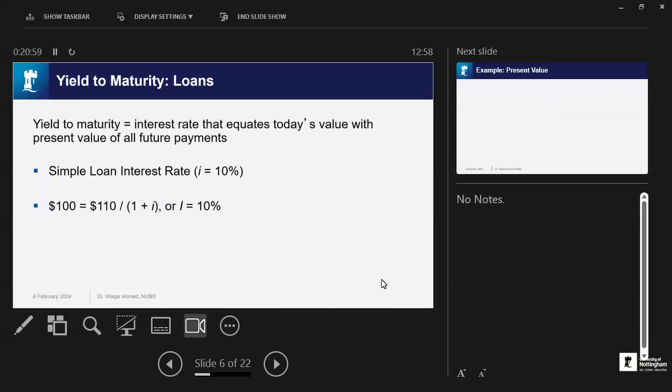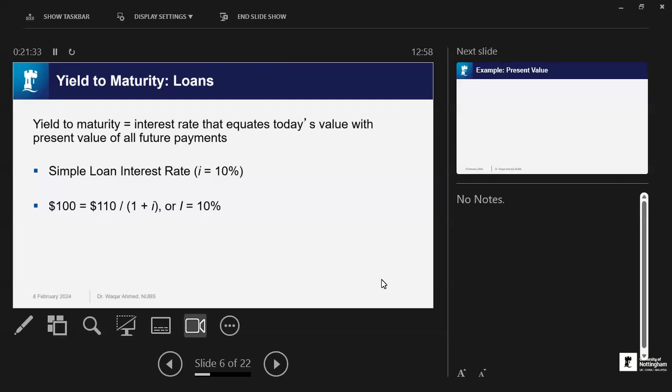Good. Okay. So let's look at yield to maturity. So what is yield to maturity? It is basically the required rate of return at which you discount the future cash flows that would make the present value of those future cash flows equal to today's value.